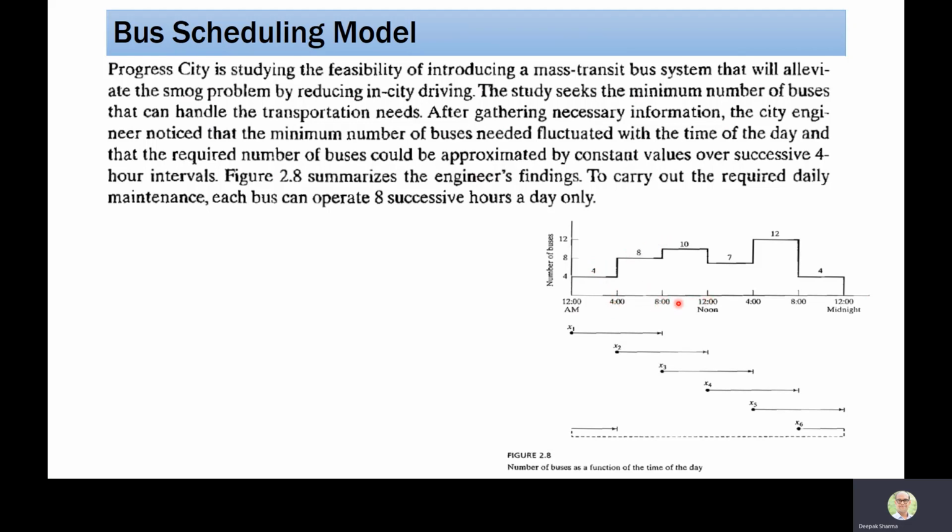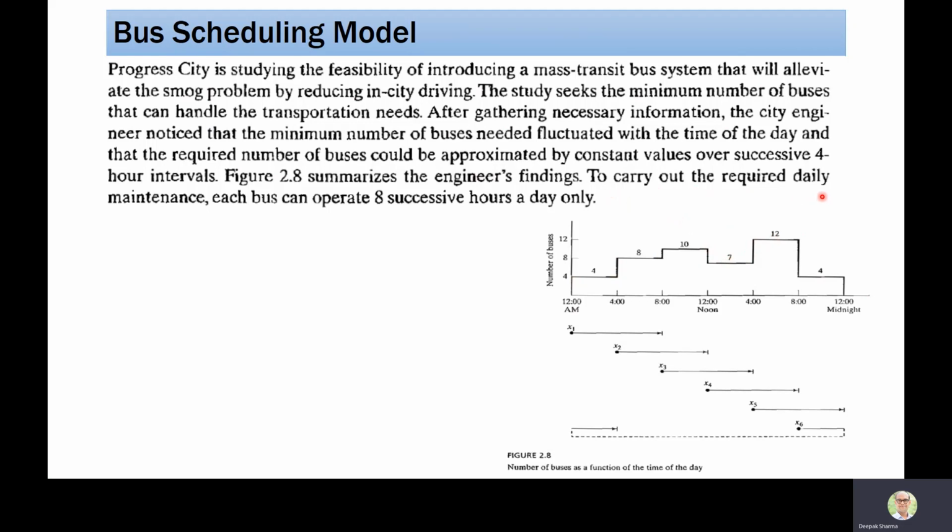From 8 to 12 noon, because 8 a.m. is a peak hour, we need 10 buses. From 12 to 4 we need 7 buses. From 4 to 8 we again need 12 buses, and then from 8 p.m. to 12 midnight we need another 4 buses. So in the successive 4-hour intervals, we can see from this graph how many buses we need.